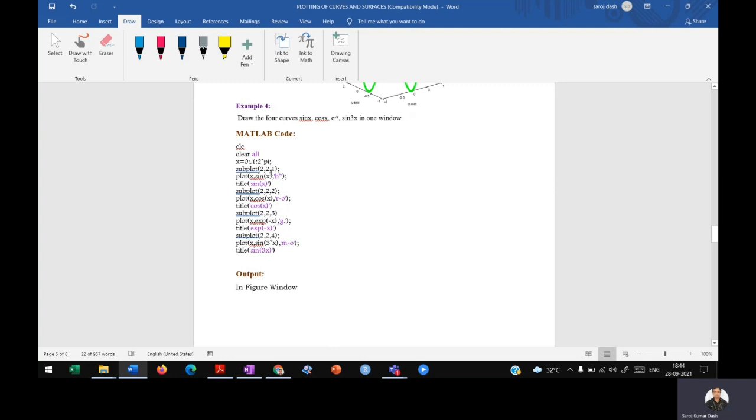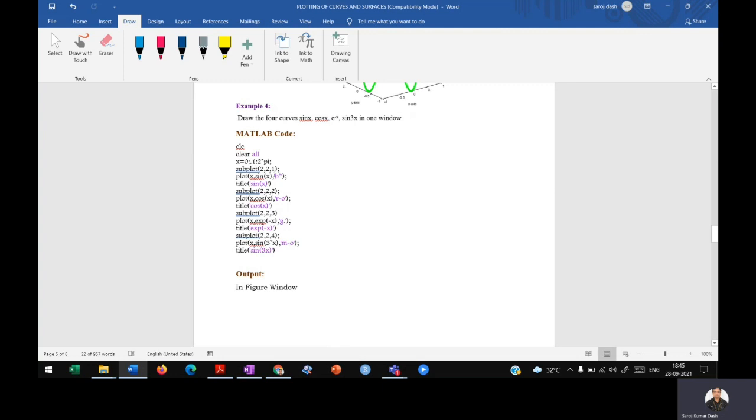And the last number represents in which part you are going to plot the next curve. So in the first window we are going to plot sin x with blue color, star type, and the title we gave is sin x for figure 1, meaning window 1.